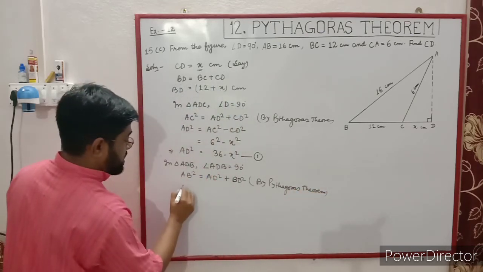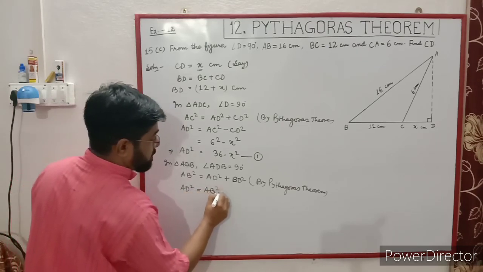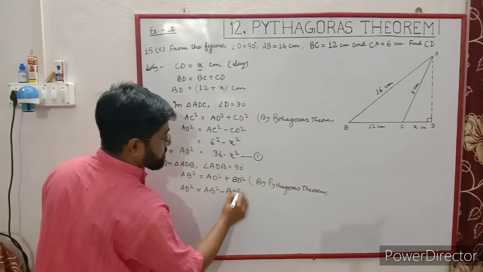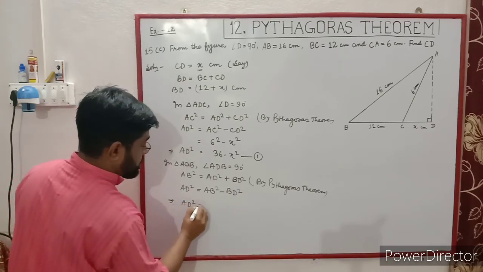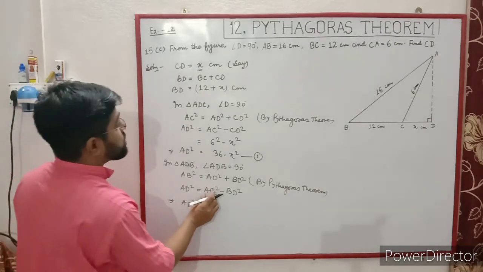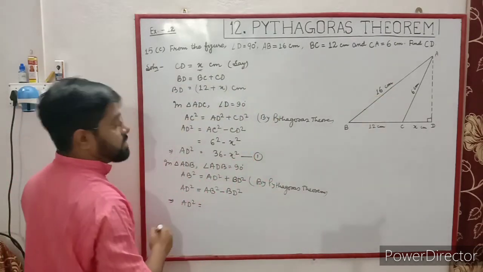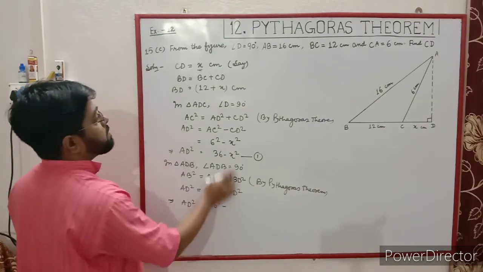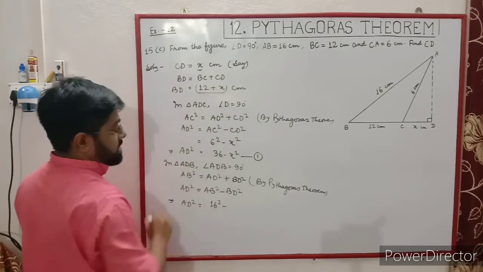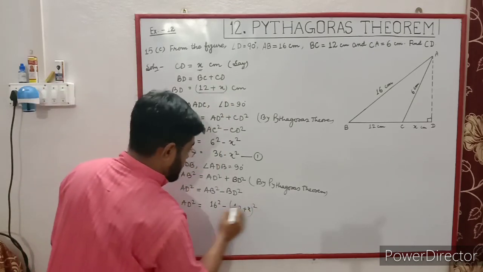Now AD square is equal to AB square minus BD square. AB is given 16 centimeter, so 16 square minus BD square, where BD is 12 plus x centimeter, so 12 plus x whole square.